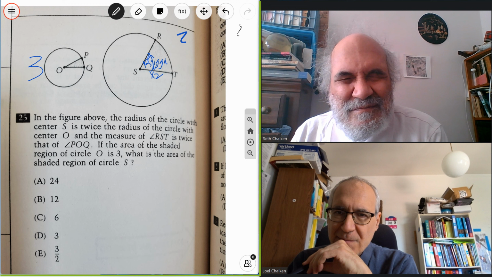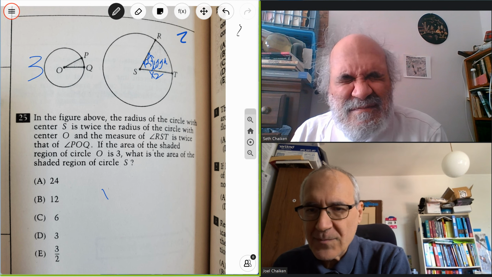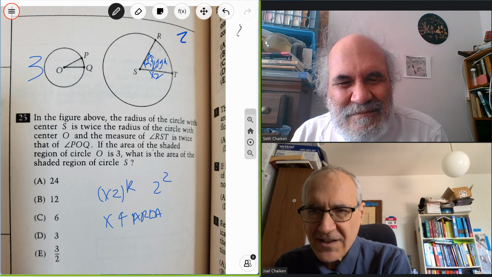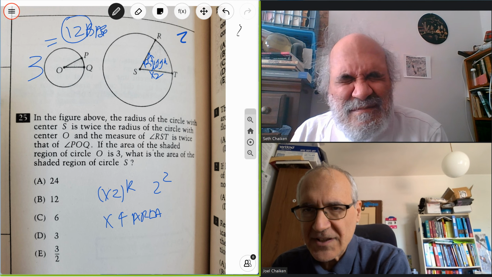shaded region of S? Well, we know that if you multiply the radius by 2, then the area is multiplied by 4, or 2 squared. So immediately you know that this is 12, based on the doubling of the radius.